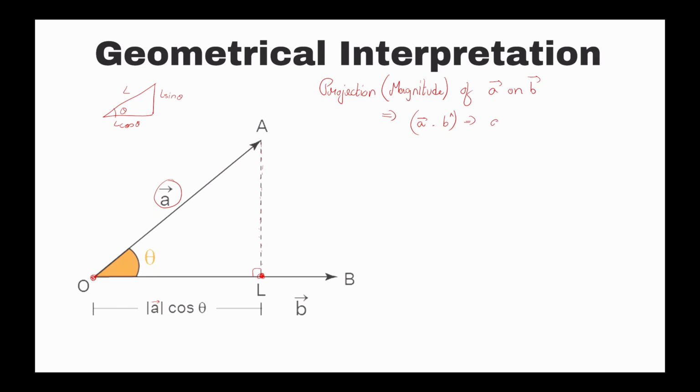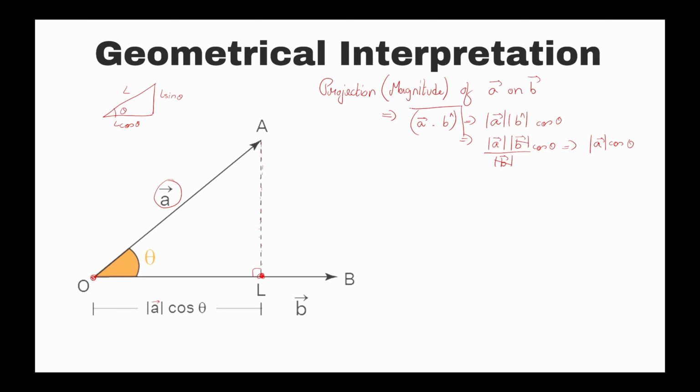So this can be written as A vector modulus B cap modulus cos theta. And what is my B cap basically? My B cap is B vector upon B vector modulus. So this would become A vector modulus times B vector modulus upon B vector modulus times cos theta. So this and this would get cancelled out and I would be left with modulus A vector cos theta. So this is the formula.